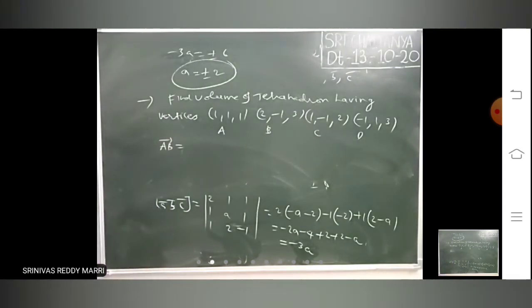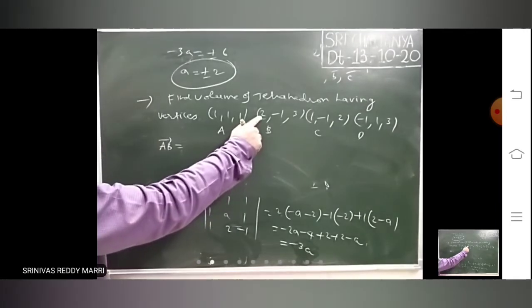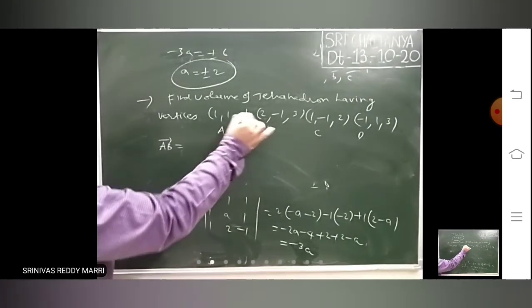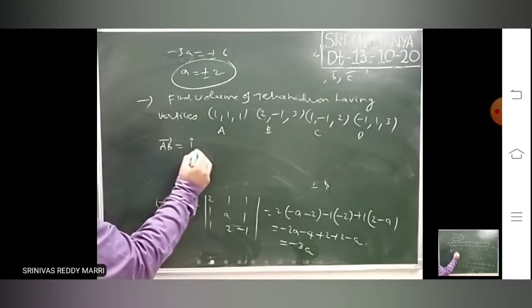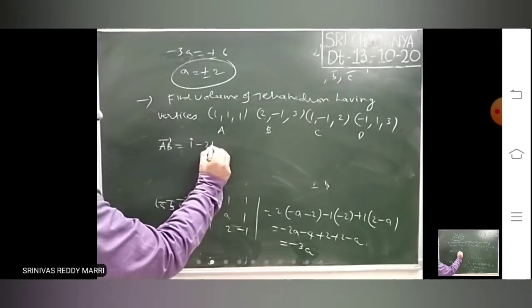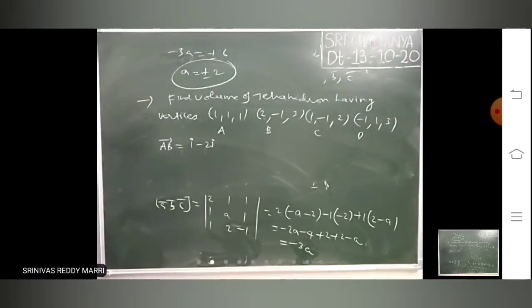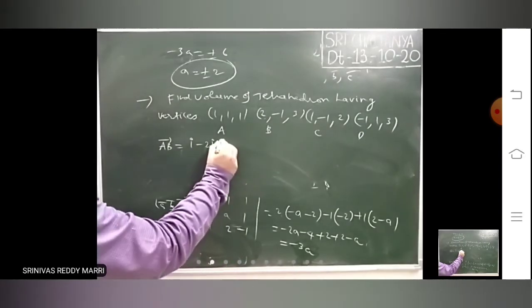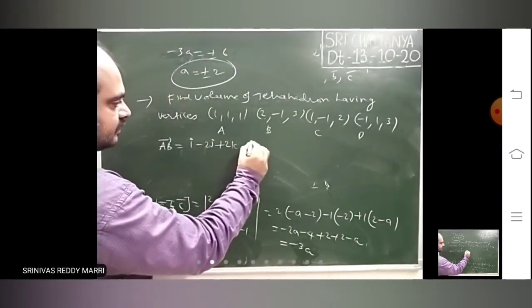Coterminous edges means AB bar, which is OB bar minus OA bar: 2 minus 1 i, minus 1 minus 1 minus 2j, 3 minus 1 2k.